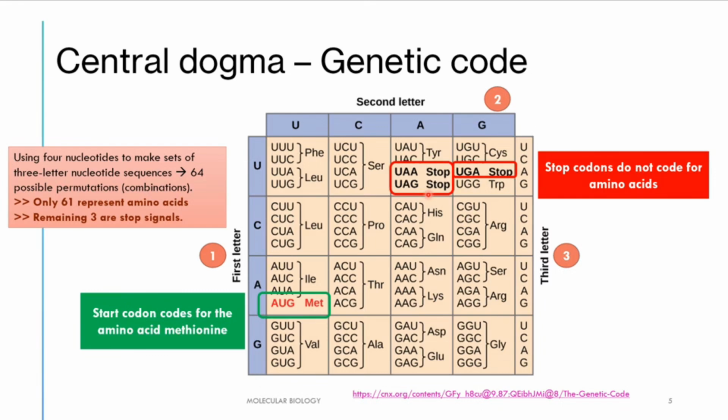The first one is methionine, which is coded by AUG, and AUG is also the start codon. The other amino acid that's only encoded by 1 codon is tryptophan, which is coded by UGG.